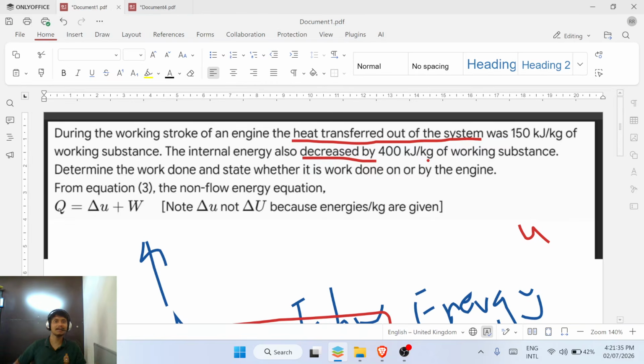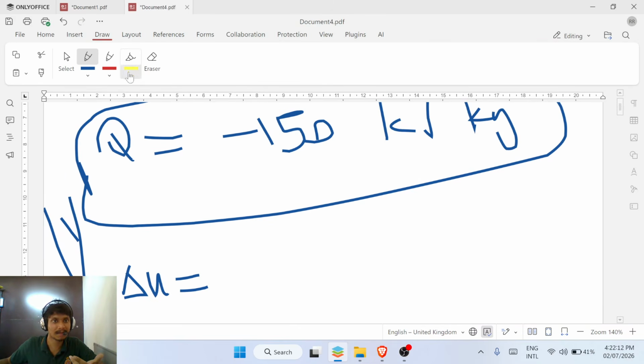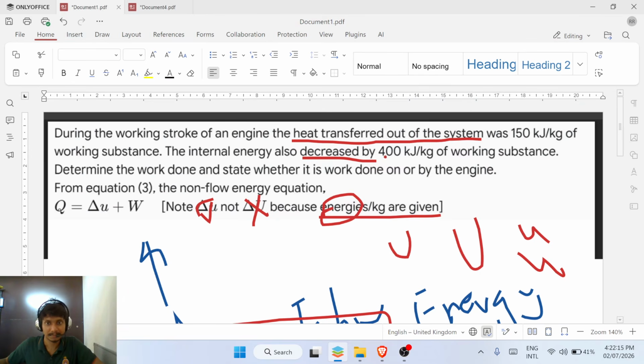If they give the total energy, like 400 kilojoule, we have to use capital U. But here energy per kilogram is given, therefore we must use small delta u. Please use small u, because sometimes they may reduce marks in the exam.